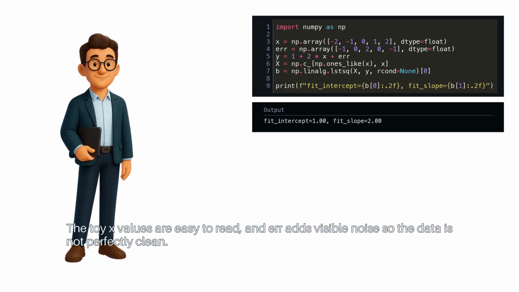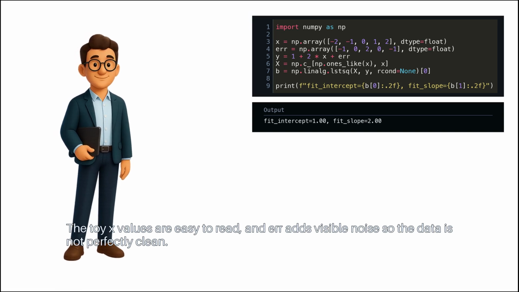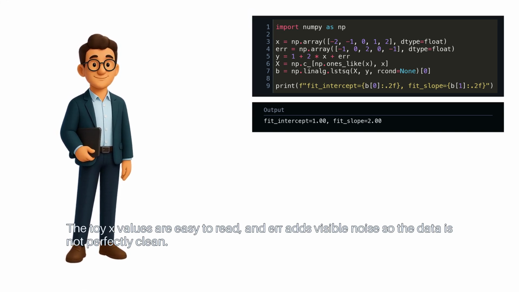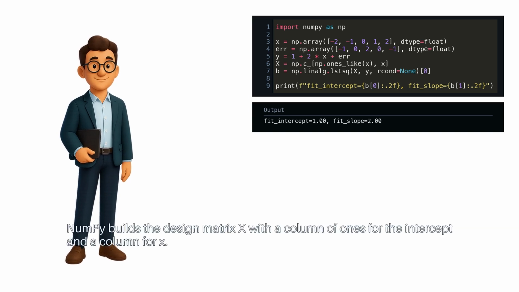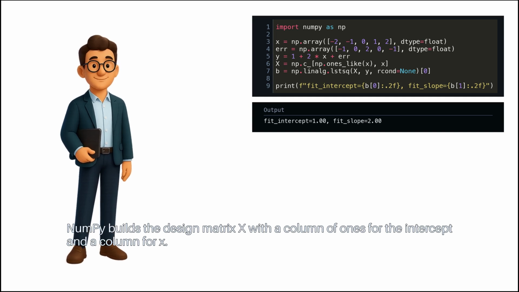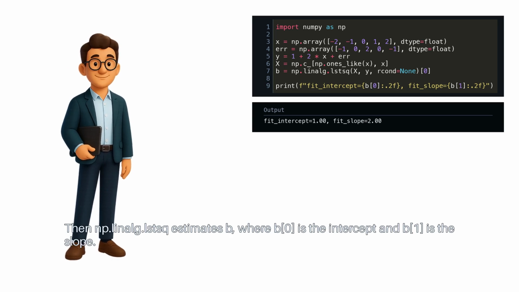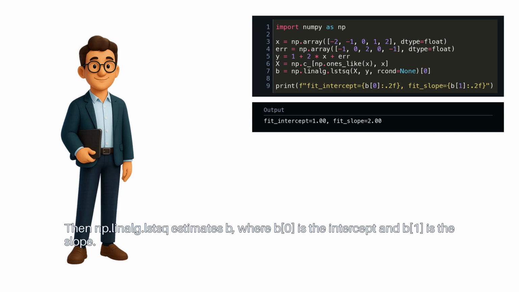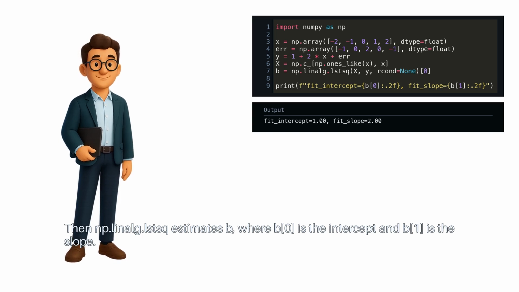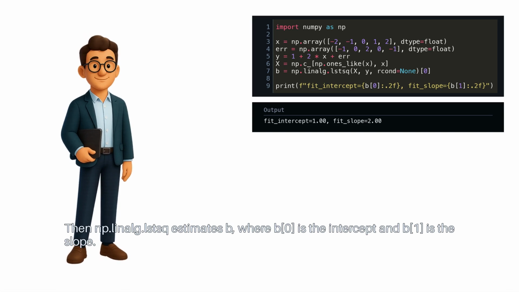The toy X values are easy to read, and error adds visible noise, so the data is not perfectly clean. NumPy builds the design matrix X with a column of 1s for the intercept and a column for X. Then np.linalg.lstsq estimates B, where B at index 0 is the intercept and B at index 1 is the slope.